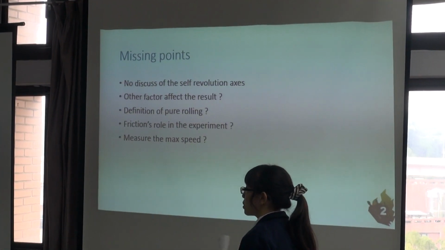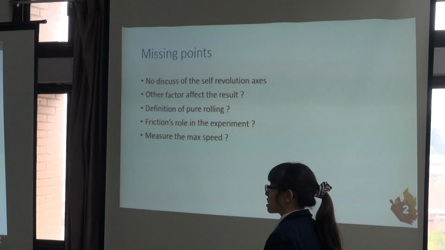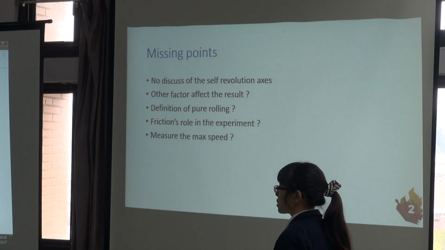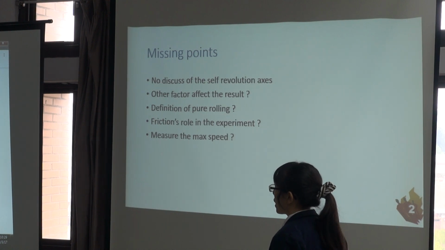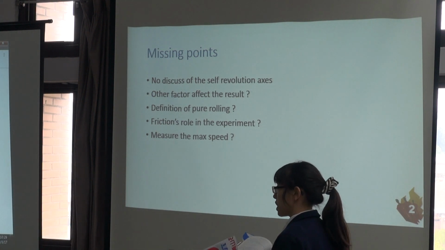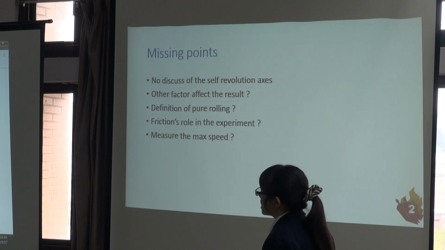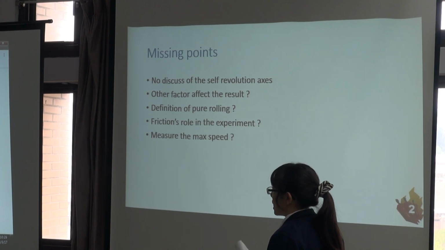The only contact point is between the table and the ball, but in the conclusion he said no friction effect. I don't know why. I also see that in his setup he uses an abrasive surface, but he said no friction. And the important statement mentioned the incredibly high speed, but he didn't measure it. So I don't know why, because this is important.